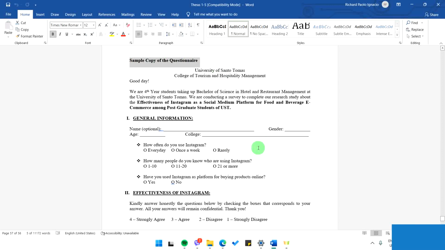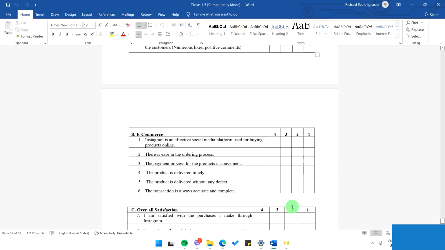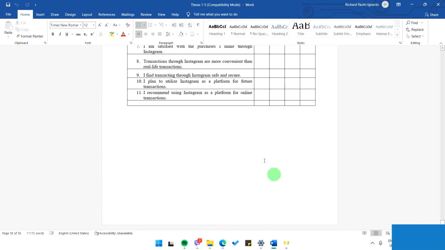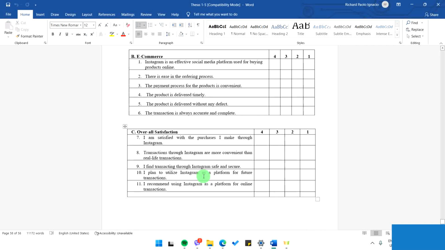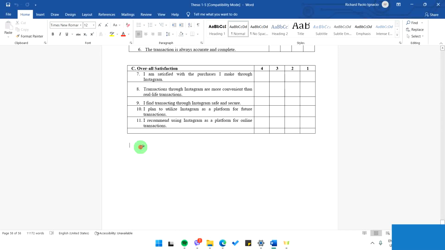If you guys have questionnaires sa Google Forms, pwede kayong mag-screenshot and then lagay nyo na lang dito yung mga screenshots ninyo. Sample copy of the questionnaires. And then actually at the last part of the research, aside from the sample questionnaires, you will also include here your CVs or your resume.